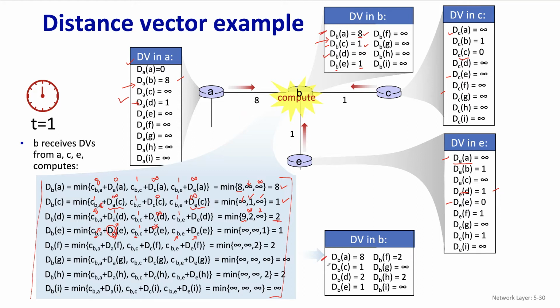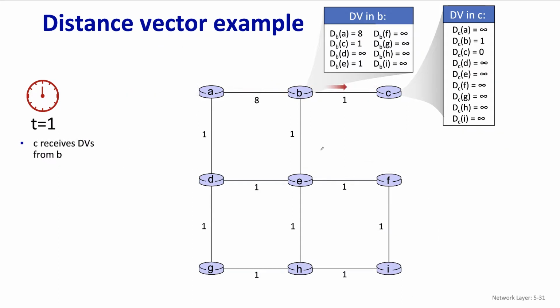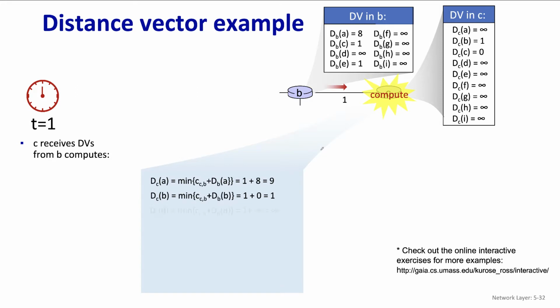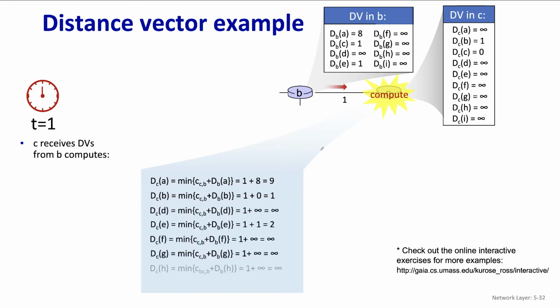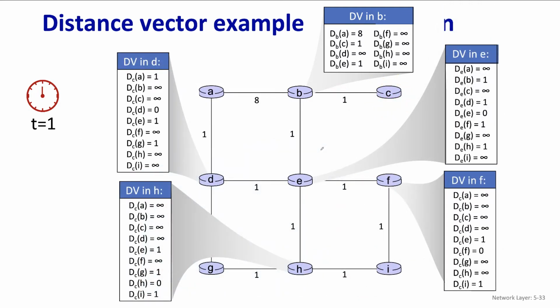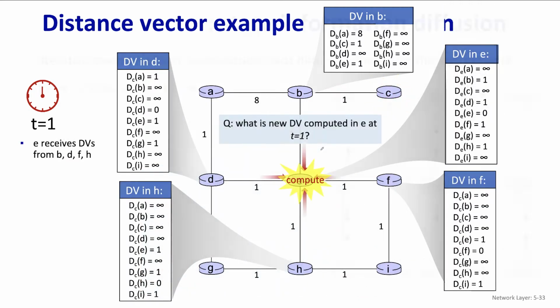Therefore, this new table will be broadcasted to the neighbors, which in this case at T2 are A, C, and E. And you will do the same computations over and over again. You will keep updating all the time.